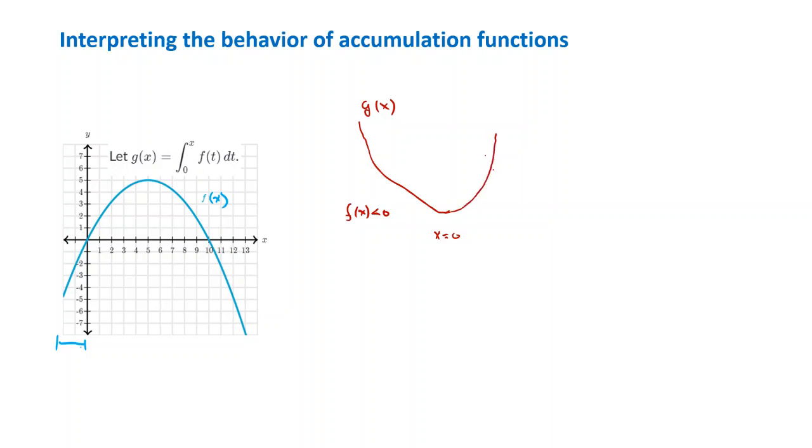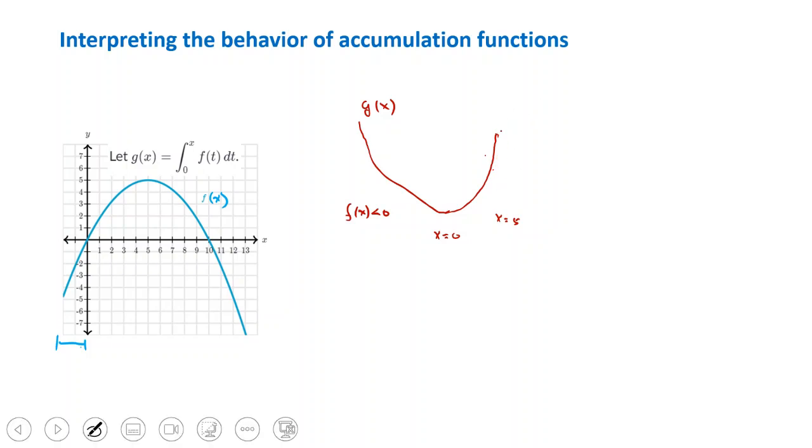Until, I think, this point is x equal to 5. And then at that point it's decreasing. So it keeps going up but the value is decreasing, so it's concave down.